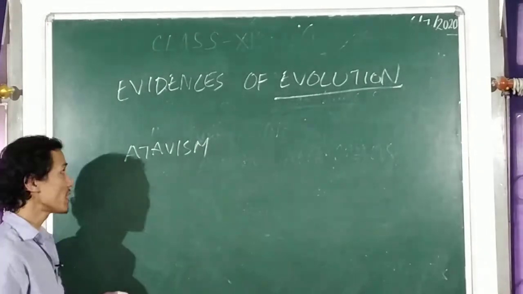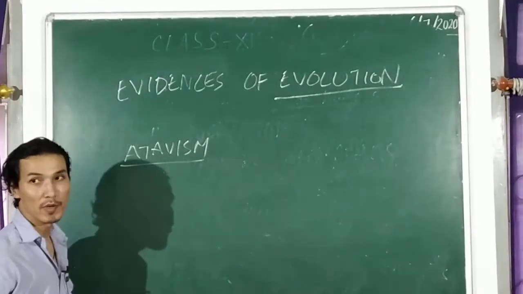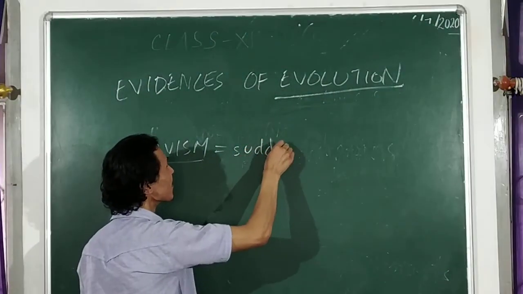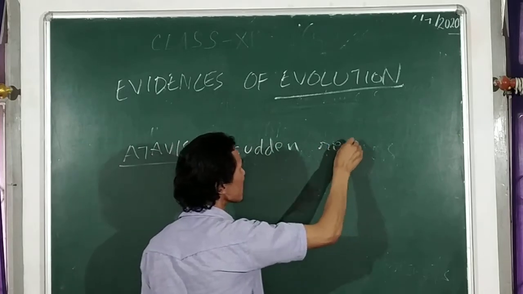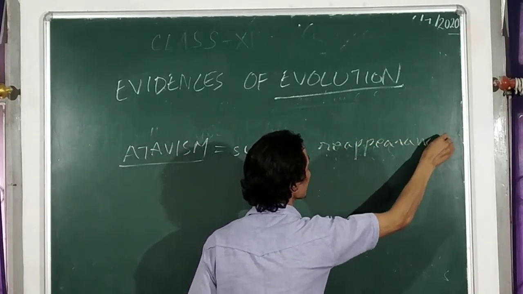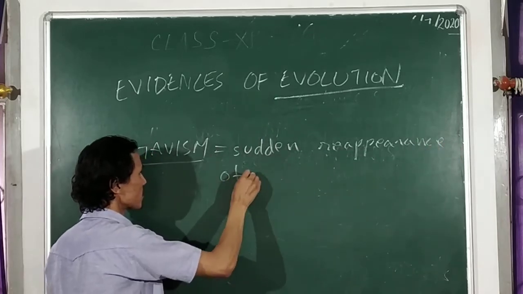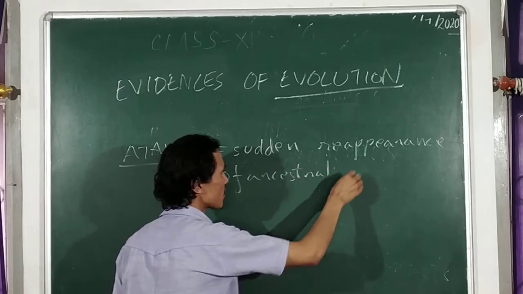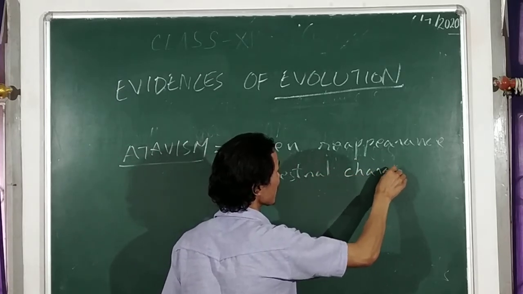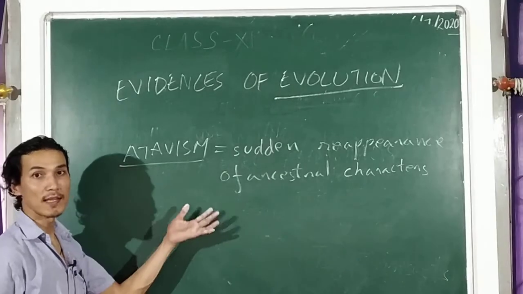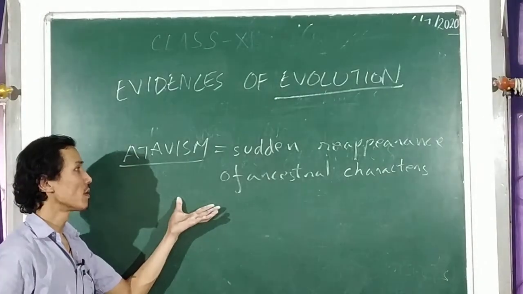Another thing you have to remember is atavism. Atavism is nothing but a phenomenon of sudden reappearance of ancestral characters.